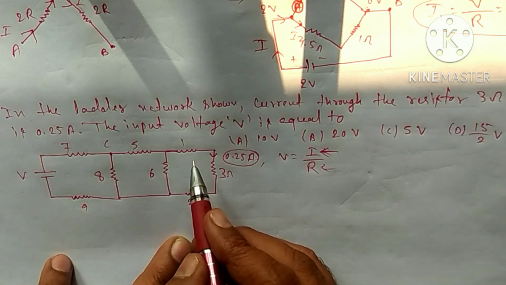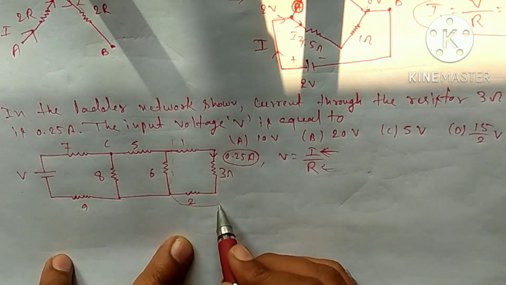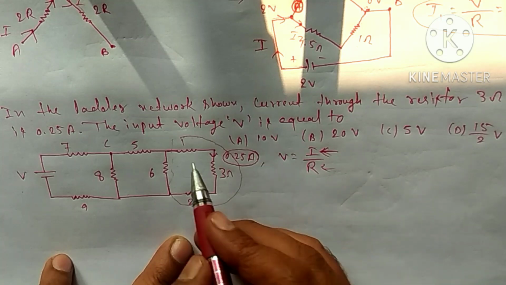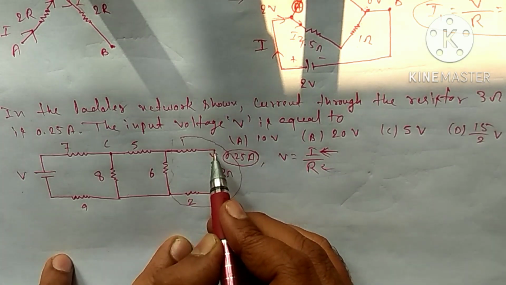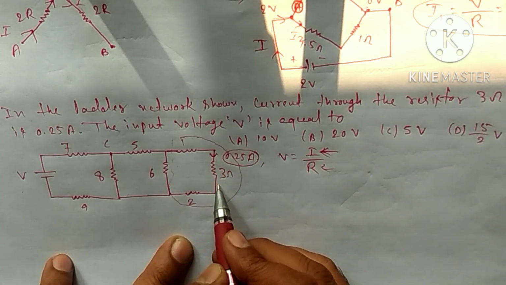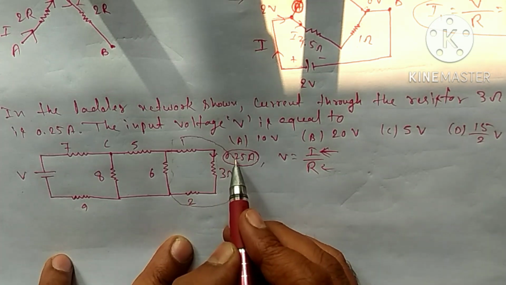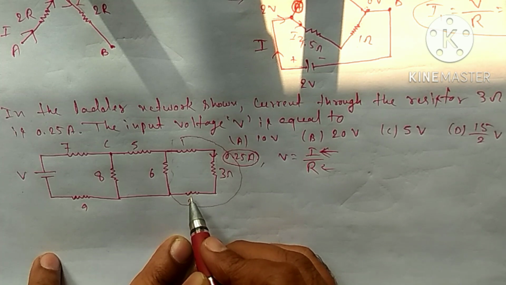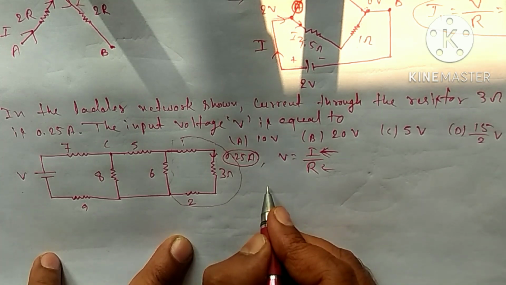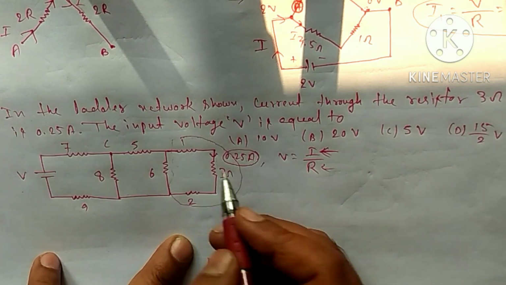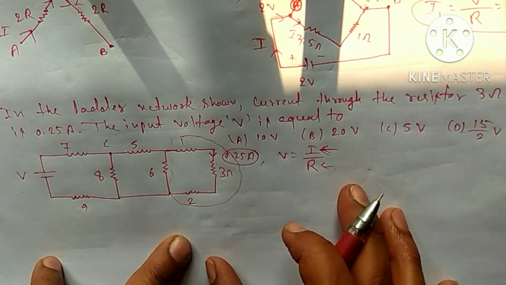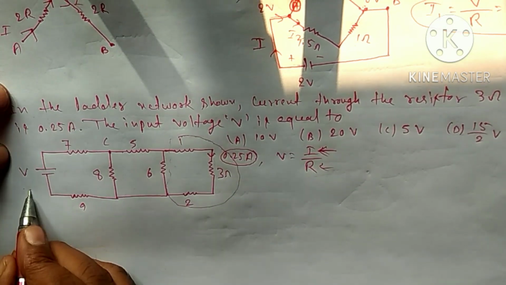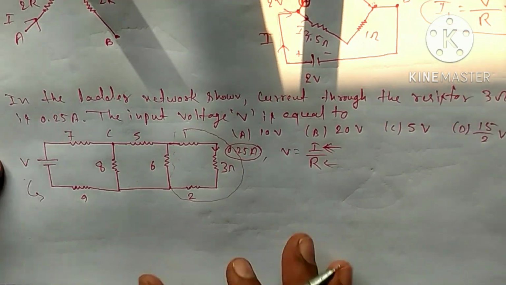Look at that portion. This is arranged in series, because current comes this way and goes that way. So 0.25 ampere is the same for the 1 and 2 ohm. So here we write for that portion. We can also write this figure again in that way.